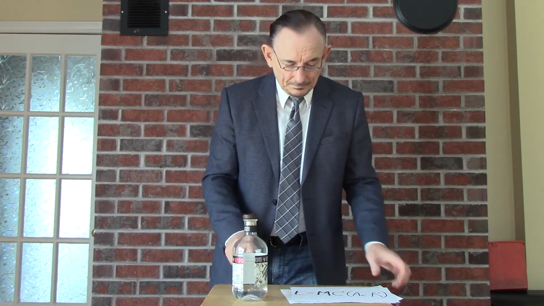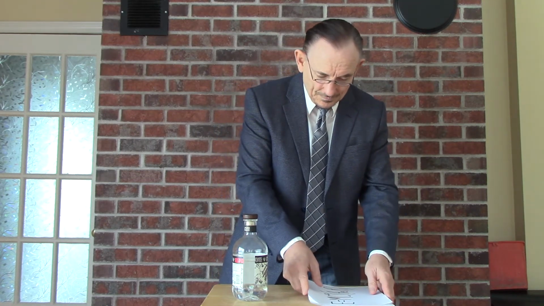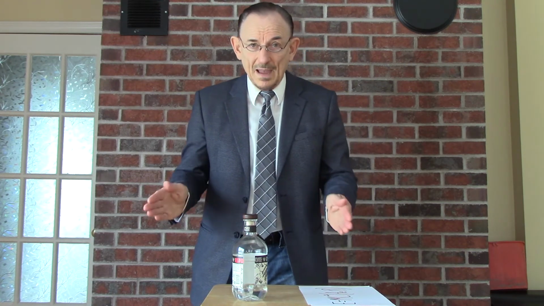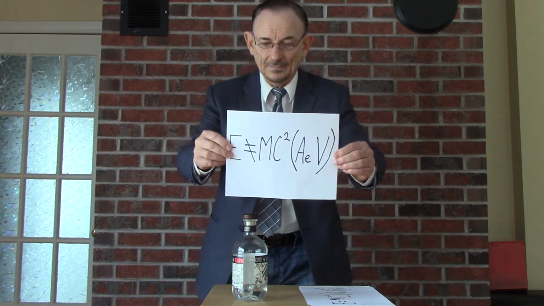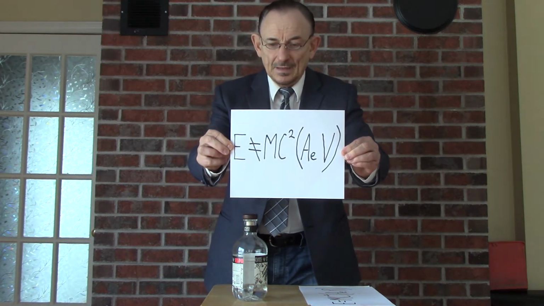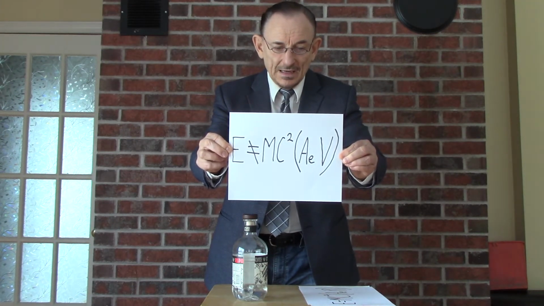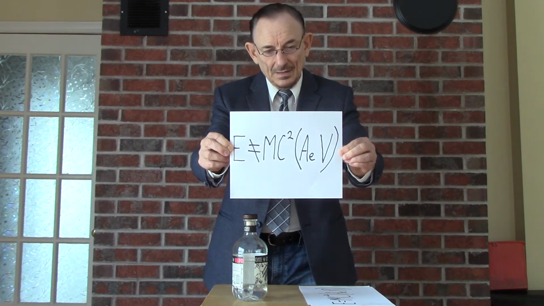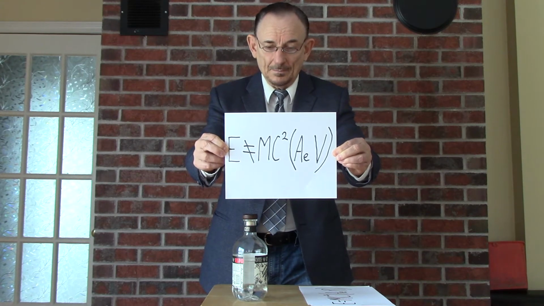Now, it occurred to me, what happens if the magnetic field moves with the matter? E is not equal to mc squared AeV. AE again, the effective area of the magnetic field, V, velocity.